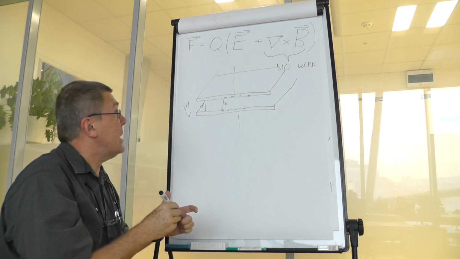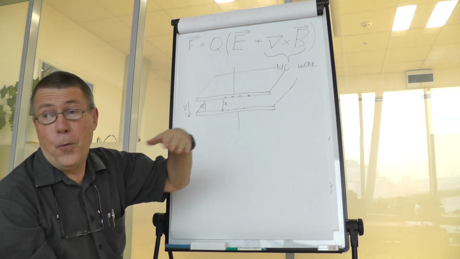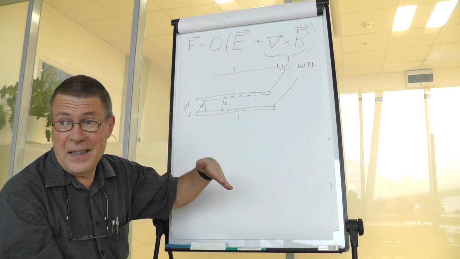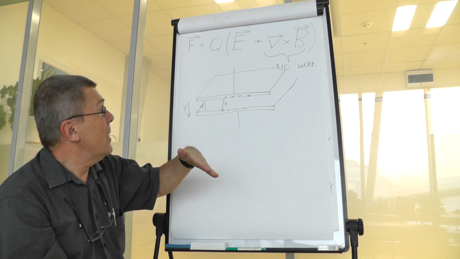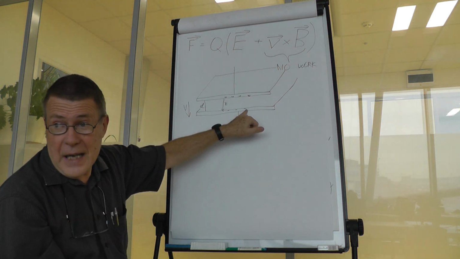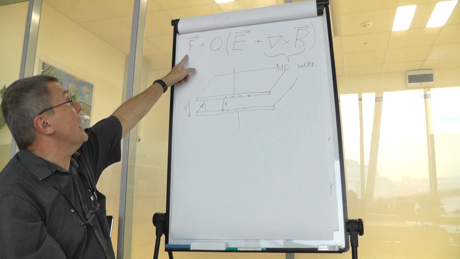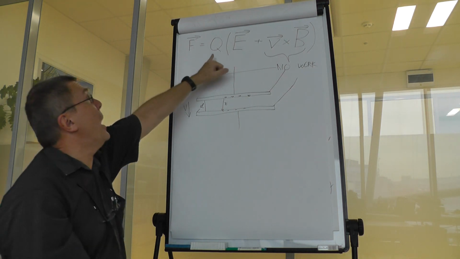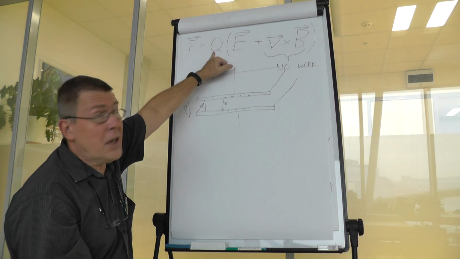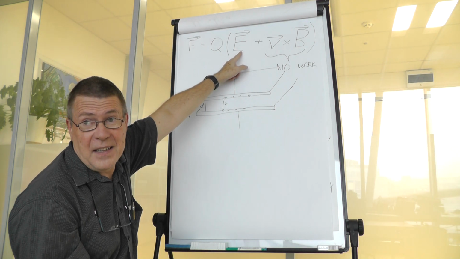Then, isn't there another way how to find out the force that affects? Well, we have already known that the force is given by the charge multiplied by the field strength.